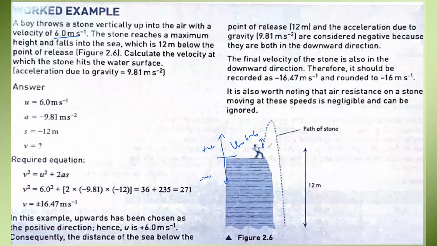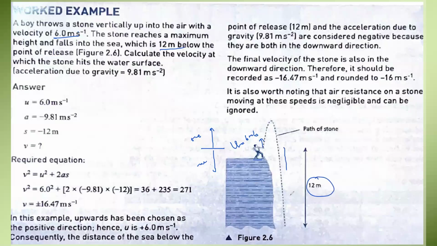All the displacement above the origin, the point of launching, will be considered positive, and below the origin will be considered negative. The stone reaches a maximum height and falls into the sea, which is 12 meters below the point of release.